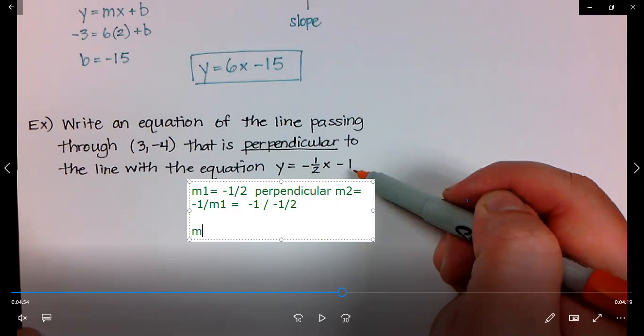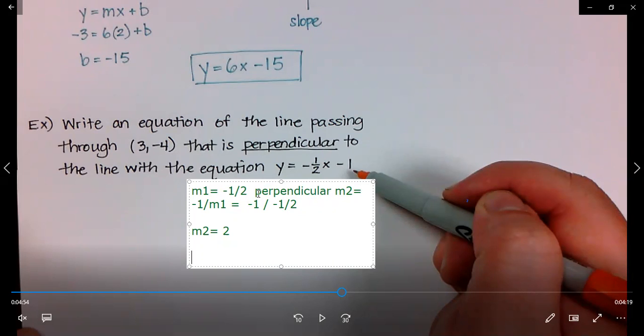You can write it as a horizontal one, like negative 1 divided by negative 1 over 2, and then you will change the sign for divide, and then you will find the reciprocal for the second one. Now we found the first variable in the second equation, which is m.